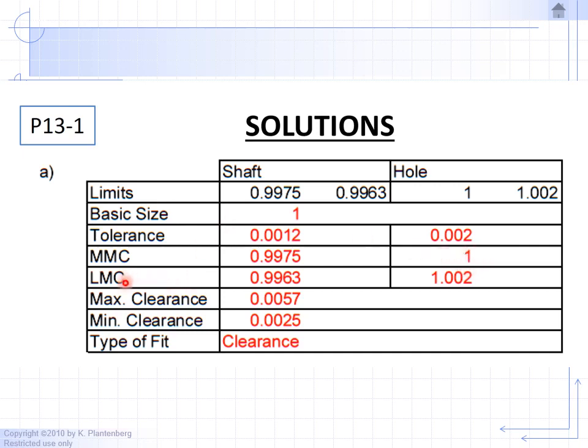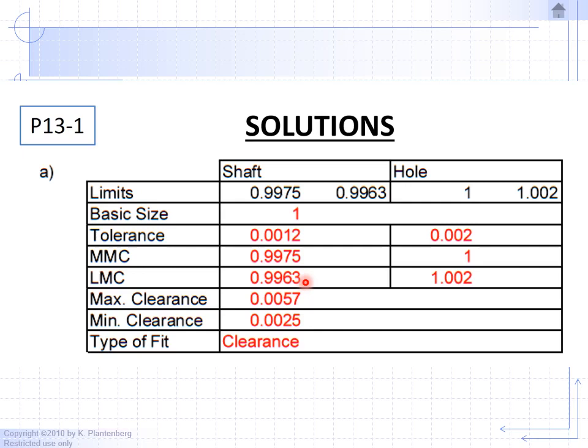Now, least material condition is when the object is at its lightest. The shaft is at its lightest when it has the smaller diameter of 0.9963. So least material condition for the shaft is the small diameter, 0.9963 inches.